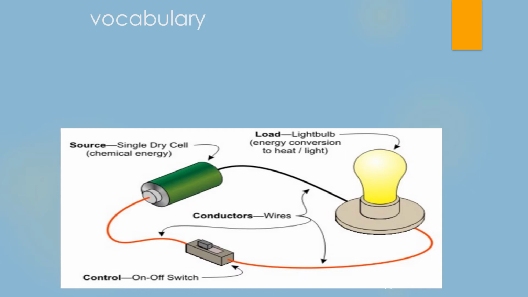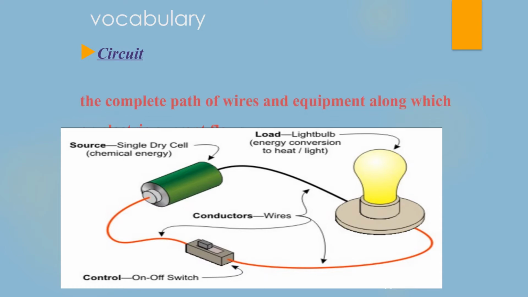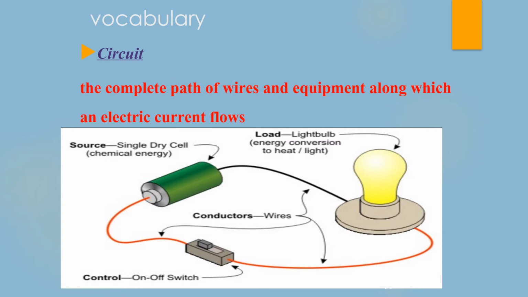What do we call this thing? It's a circuit. Circuit. Okay, the definition of a circuit is the complete path of wires and equipment along which an electric current flows. So the electric current flows everywhere in this circuit, in all the components of this circuit.